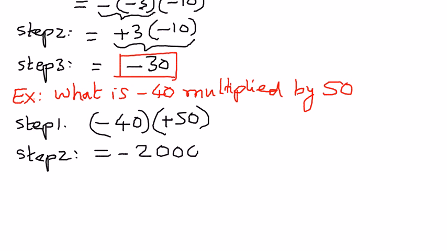One easy way to remember that is, whenever a number ends in 0, you write the zeros down first, and then 4 times 5 is 20. Put the 20 in front of those zeros, and then put the correct sign in front of them, and then we're done. So these are some easy ways of solving these types of problems.